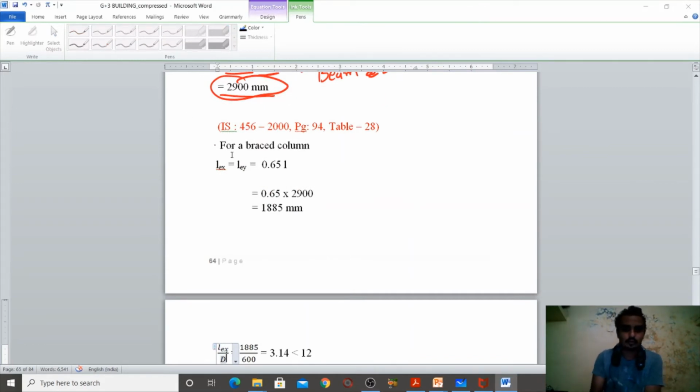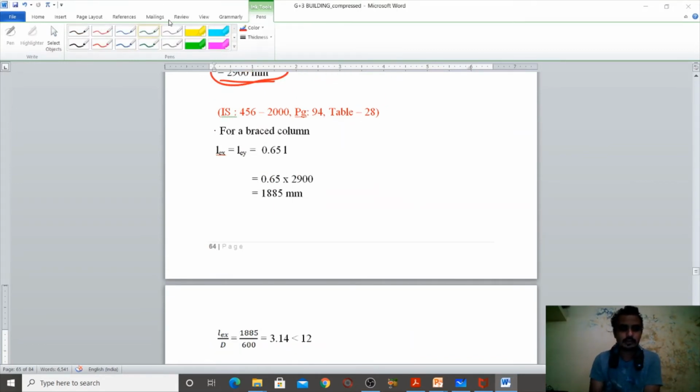Now we have to go to IS code IS 456, page number 94, table number 28. So let's check.